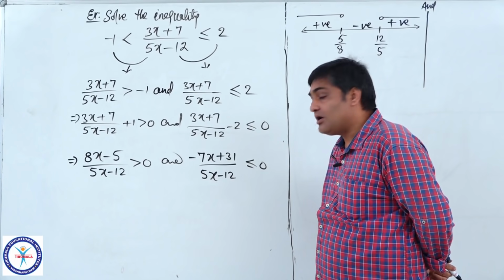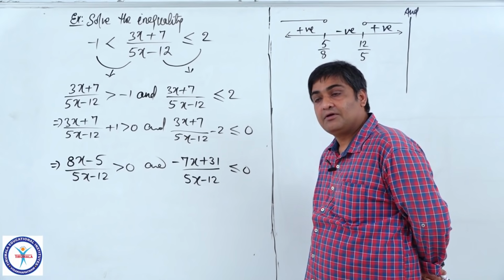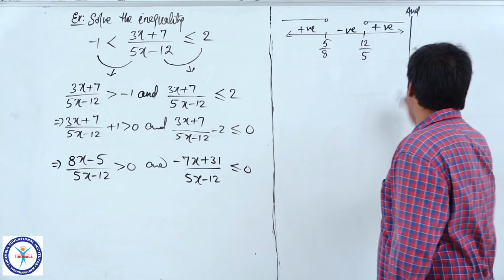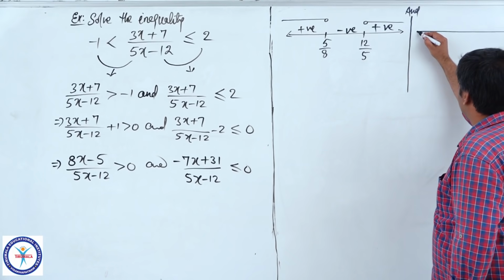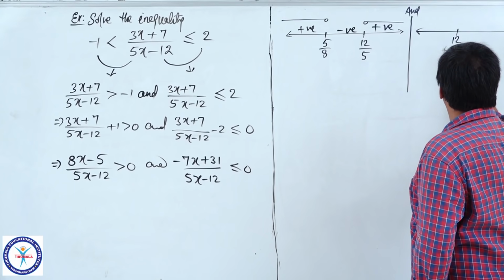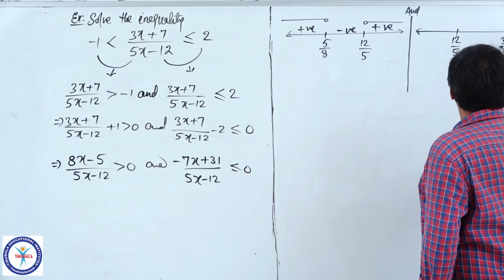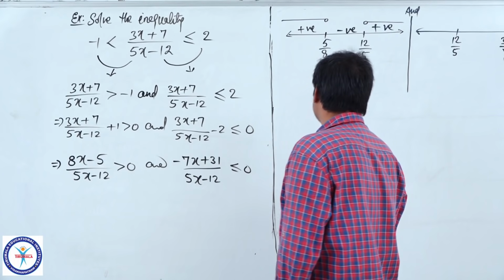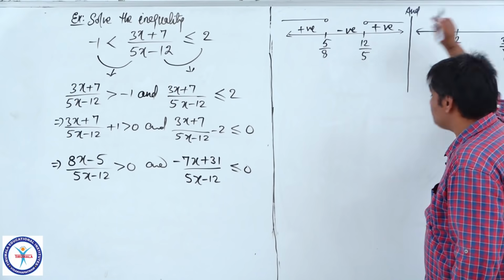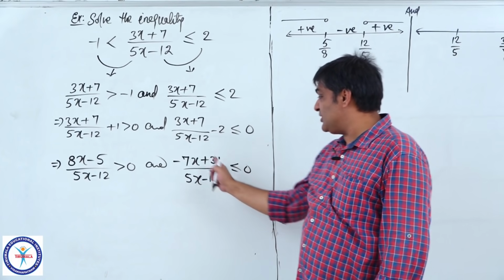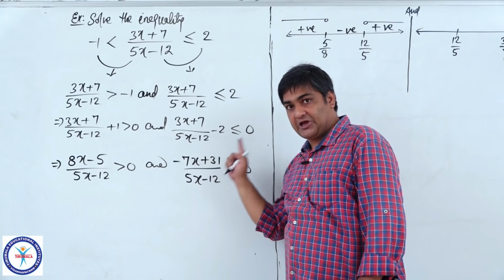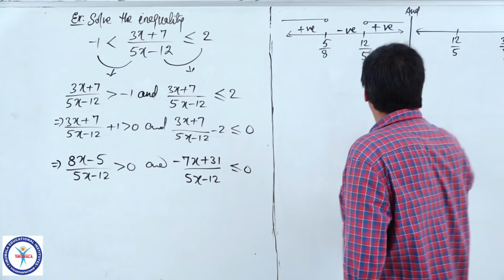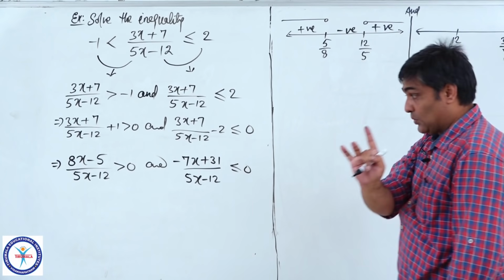What is the roots from numerator? 31 by 7, and what from denominator? 12 by 5. 12 by 5 and 31 by 7. Okay. If we put x equal to 100 or 200 or 300, what will be the sign of this expression? Observe carefully. This is a common mistake a student always makes.